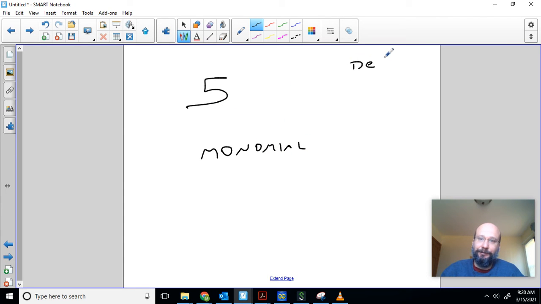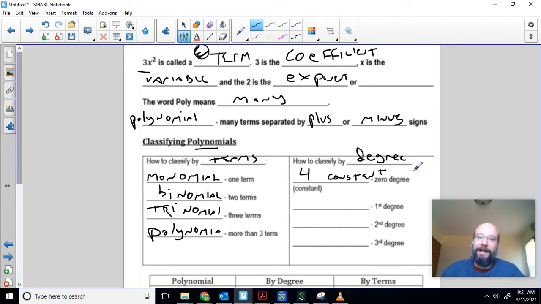So the highest degree for this, we would just say it's a constant. If the highest exponent is 1, which would just be like an x or a y, because the one exponent is imaginary, that's linear. We've been doing linear equations for a long time.